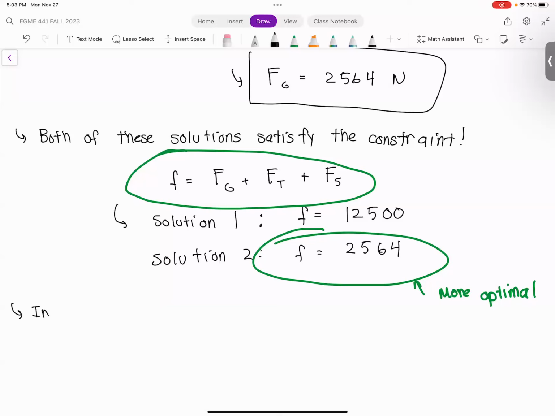Because in reality, whenever you have a complex motion or your body exerts a load, it's usually not just one muscle that does all the work, right? Your body wants to balance that load amongst all the different muscles, right?